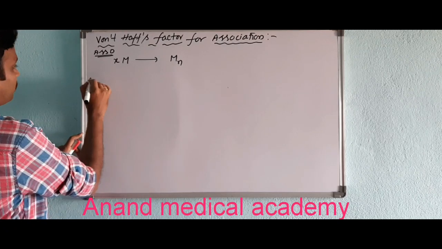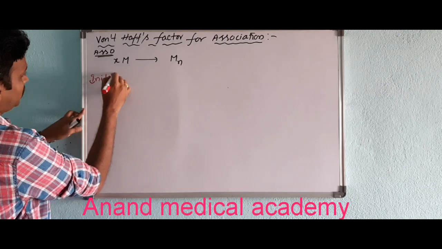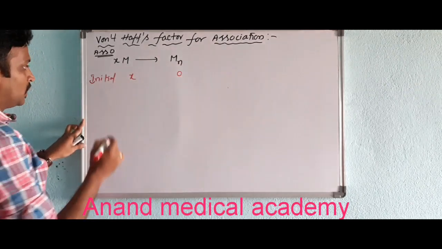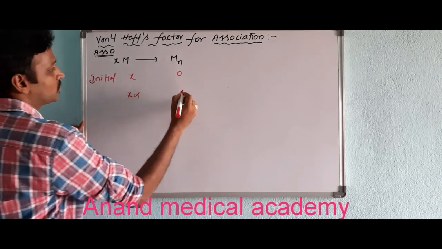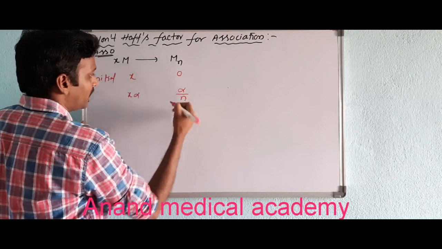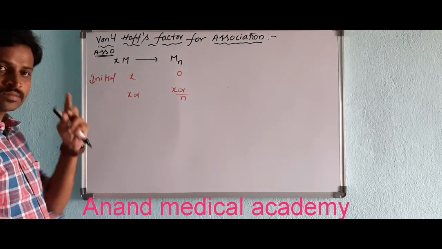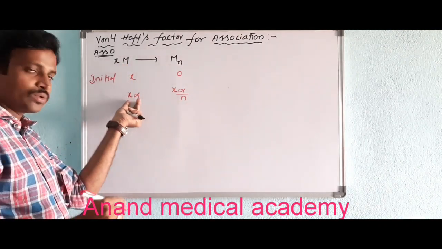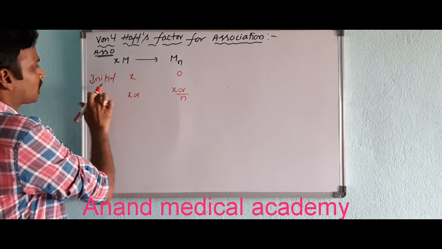Associated. So what happens now? Initially X moles are there, 0 moles are there. So afterwards what happened? X alpha moles will associate into X alpha by n. X alpha moles is undergoing association into X alpha by n. Otherwise, sir, we are confusing this much.